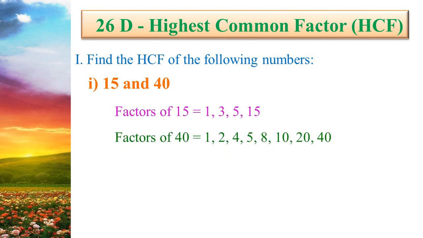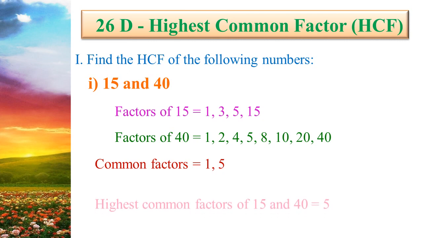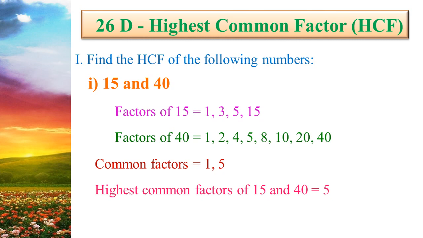Then we have to find factors of 40. 1, 2, 4, 5, 8, 10, 20, 40. Then we have to write the common factors of 15 and 40. The common factors of 15 and 40 are 1, 5. Then the highest common factor of 15 and 40 is 5. So HCF is 5.